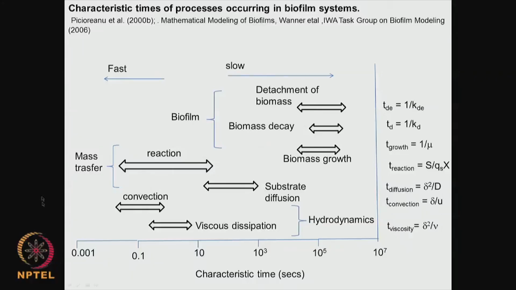It is very important to know this scenario because although we are predominantly interested in the biomass growth, we need to understand when mass transfer does not play a role in the biofilm, and when the mass transfer or movement or convection plays a role in the biofilm growth. But then there is a vast difference in these times, which is of the order of almost 1000 seconds, I would say.